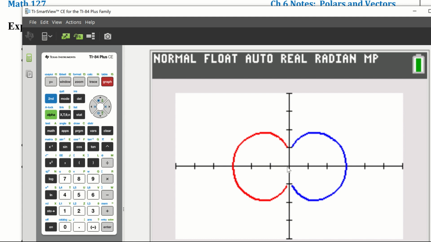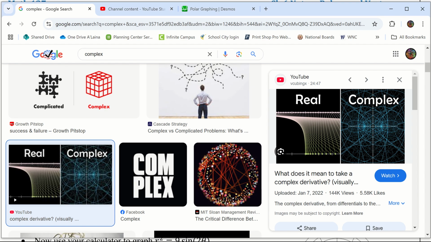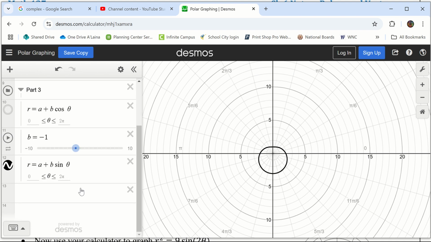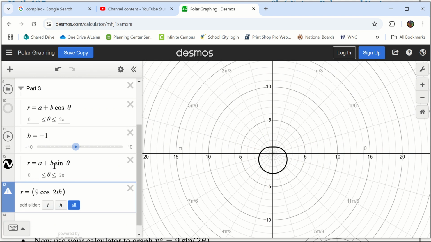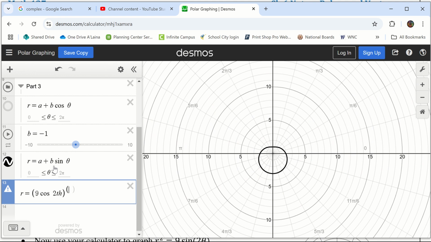Okay, so this graph has some imperfections here. This calculator is pixelated, and because it's pixelated, it's really hard for it to show you what's happening here. Let me see if I can switch over really quickly to Desmos. Or maybe I could do r equals the square root of 9 cosine of 2 theta, and I'm going to do this to the power of 1/2.